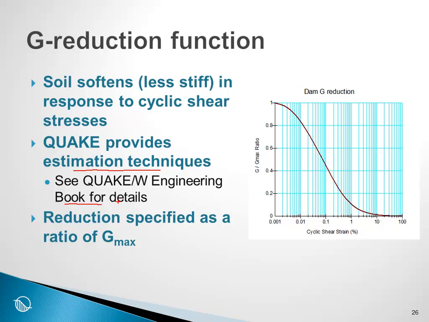So the function specifies a reduction as a ratio of Gmax. So we have G equal to some ratio times Gmax. And what this function gives us is this particular ratio.